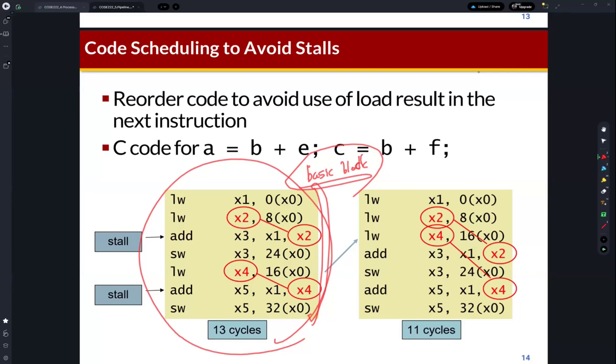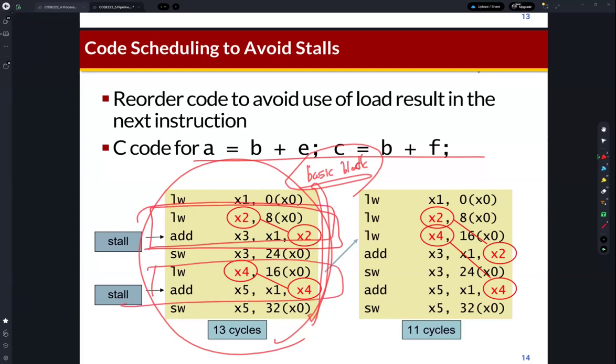When this code is compiled, this is the compiled code, and you can find the data dependencies. This is the load, and this is the add instruction. The add instruction receives data from the load instruction.